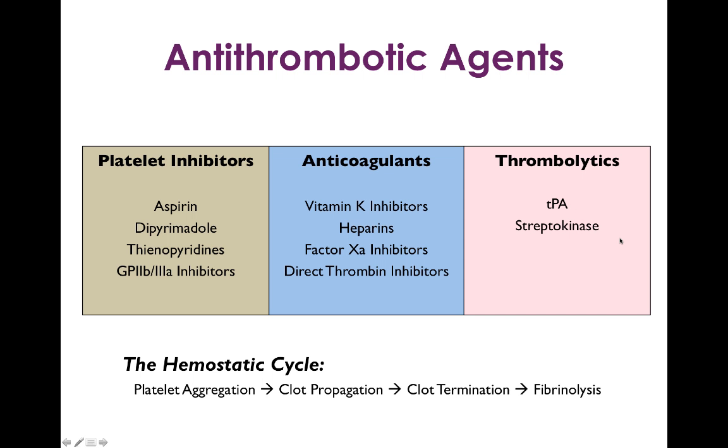And shown here at the bottom is just the hemostatic cycle, and recall that it really starts with platelet aggregation, but that's intimately linked with clot propagation, then finally clot termination and fibrinolysis.